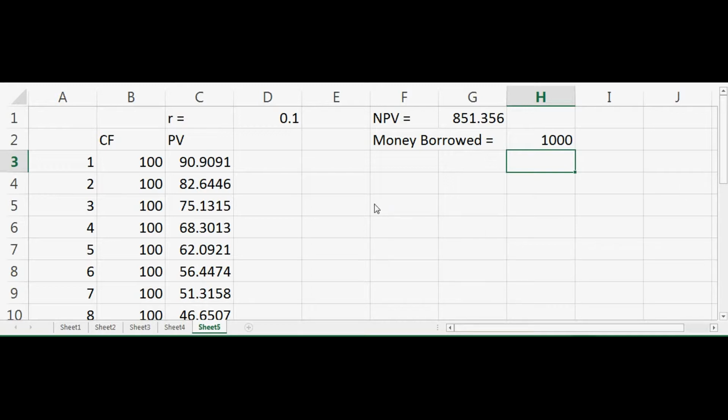So what I'll do in this case is go to the data tab and click on goal seek. I'll say data tab, what-if analysis, and goal seek.